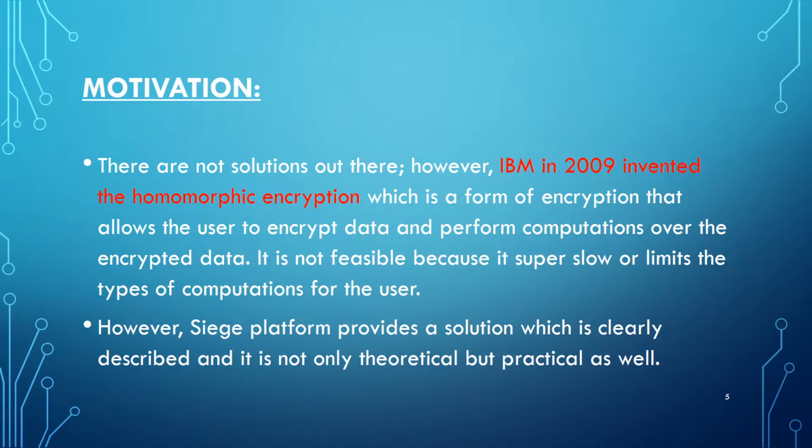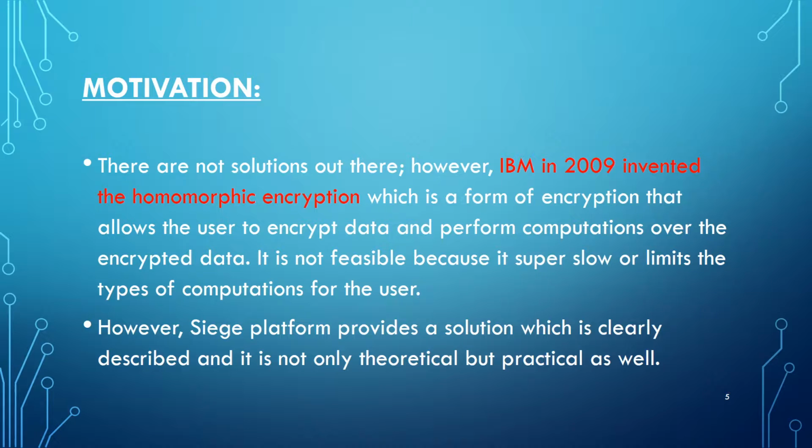So far, as I researched, there are no solutions out there. However, IBM in 2009 invented homomorphic encryption, which is a form of encryption that allows the user to encrypt data and perform computations over the encrypted data.